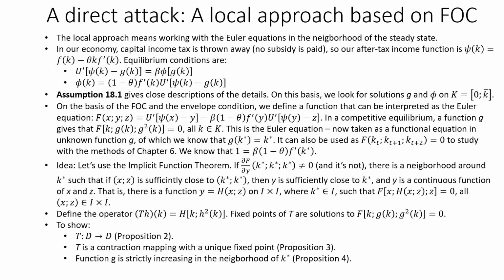These assumptions give a very specific description of the details of the technology and of the preferences. There are no extraordinary details, so I would say if you check these assumptions in the textbook, you can see that this is the standard stuff.